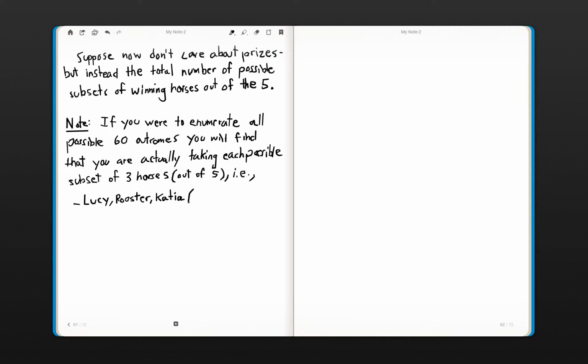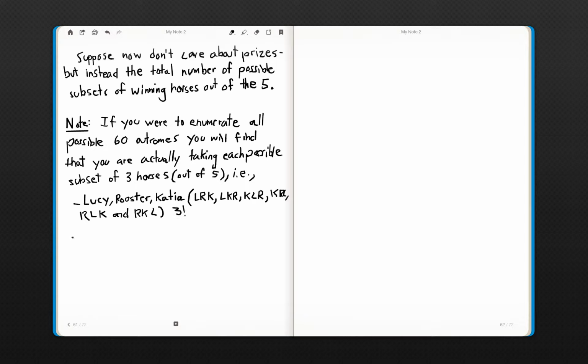And you are counting the different ways of permuting or ordering these to take into account the different ways that they could possibly win. And just for completeness, let me just write this here. Okay, that's one permutation. Another one is, we know that there's actually 6 of these, or 3 factorial.